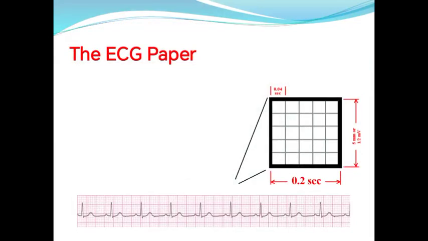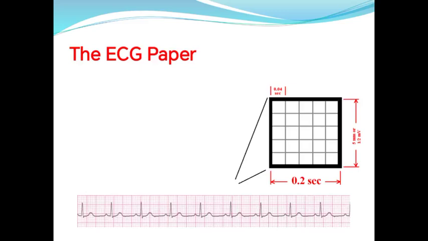What is the ECG paper? It's a very important paper. It was designed for a purpose: to detect the amplitude and the velocity of the ECG, so we can determine the heart rate just from the ECG.